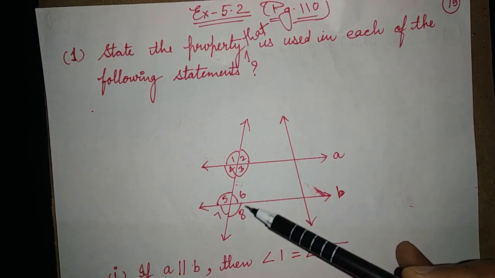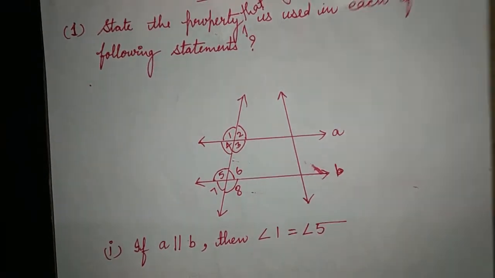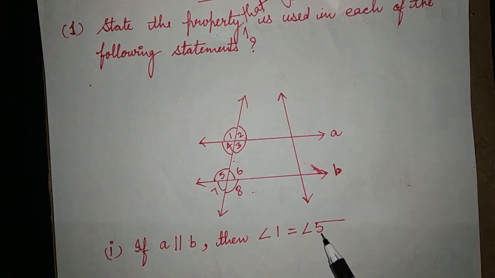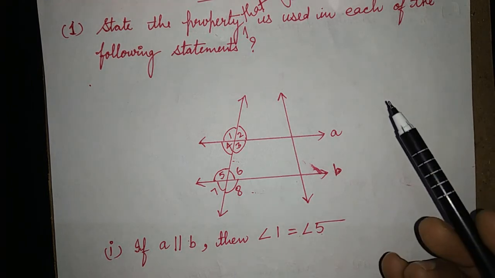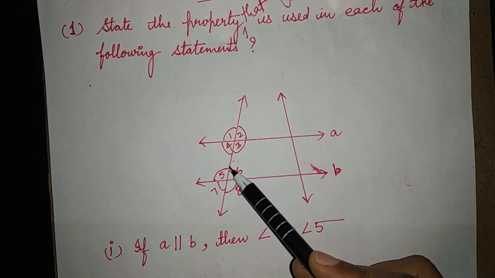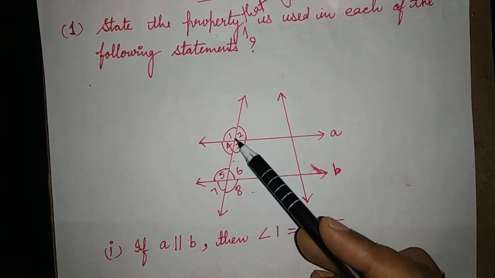Okay. Now see the first statement. Here, if A is parallel to B, then angle 1 is equal to angle 5. Now see angle 1 and 5. Angle 1 is this and this is the angle 5. So, can you tell me why they both are equal?